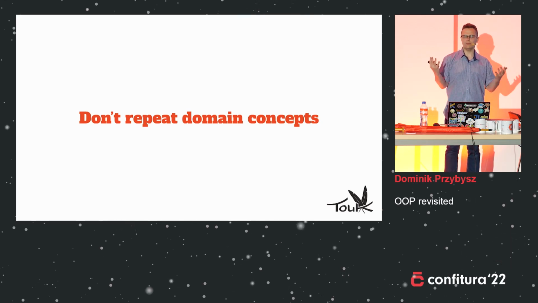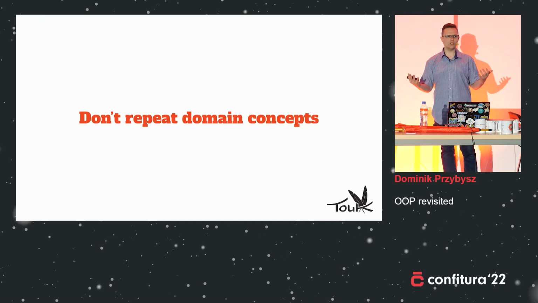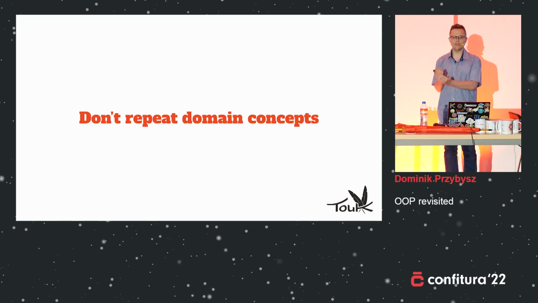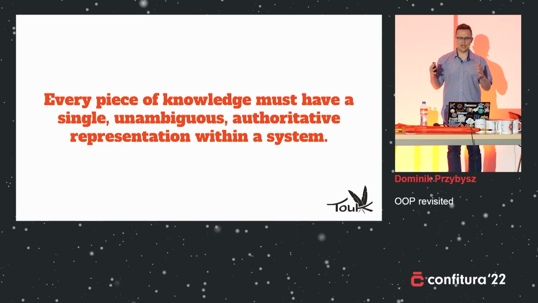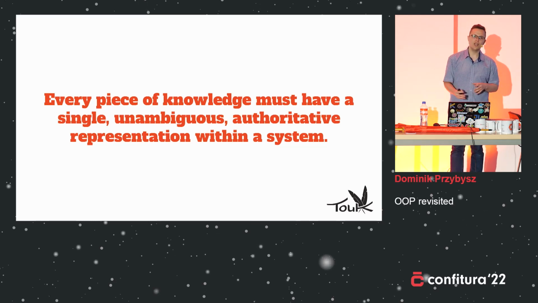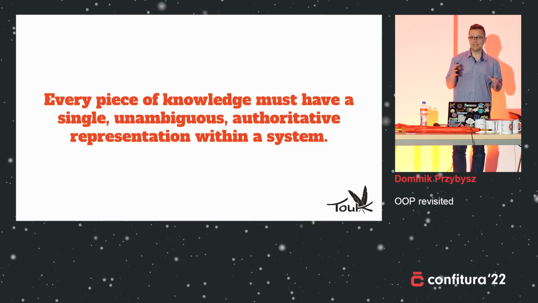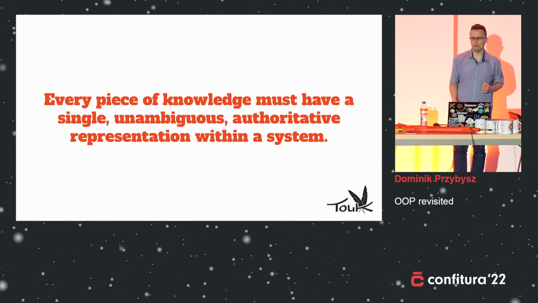If you have two similar things, you have to ask yourself a question: what will be the evolution of these two things? Only if you really know that this is the same concept, this is the same thing, you can create one piece of knowledge and one representation inside your system which expresses this thing. In all the other cases, you should probably leave it alone and check how it's going to evolve.